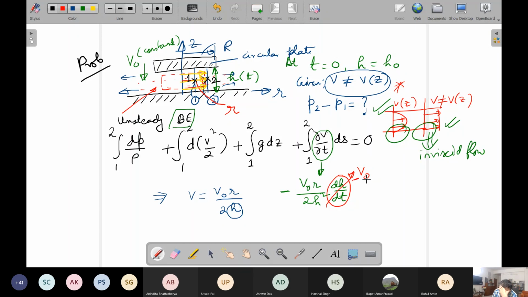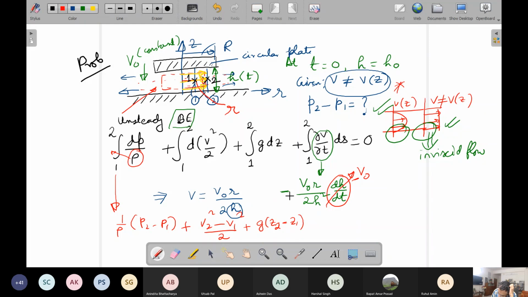So in that way, let us integrate this. Density is a constant, which we already assumed. So this will be P2 minus P1, plus V2 square minus V1 square by 2, plus g into Z2 minus Z1, which for this problem is not important.